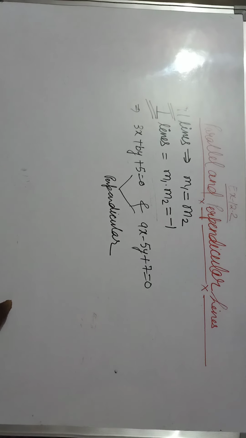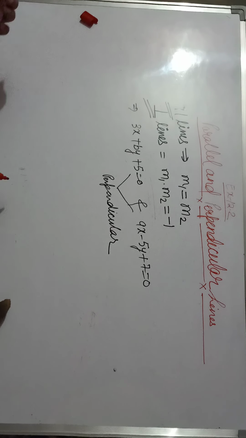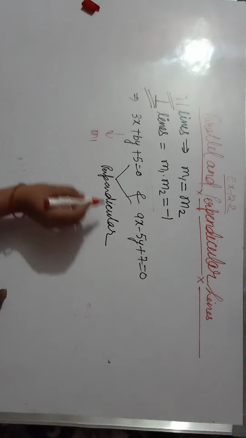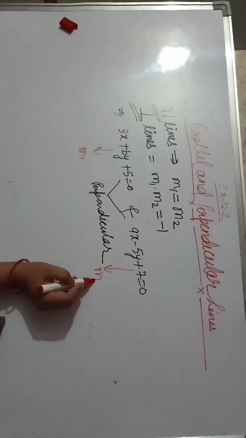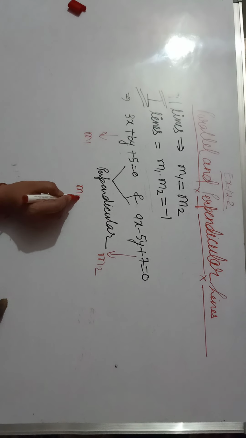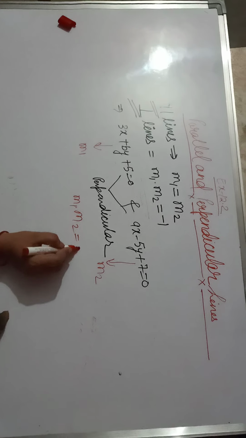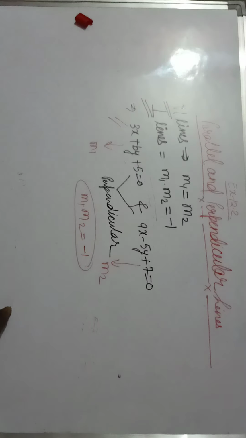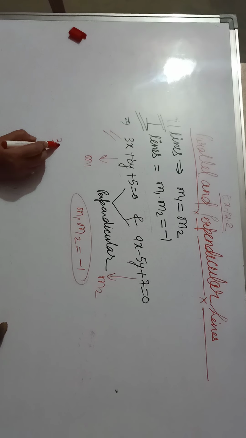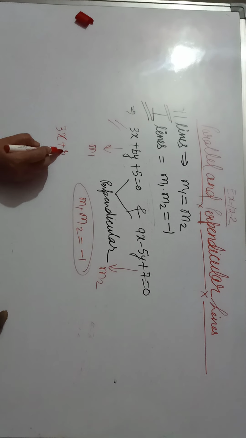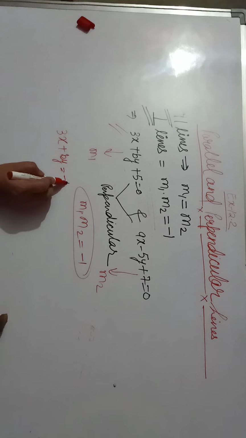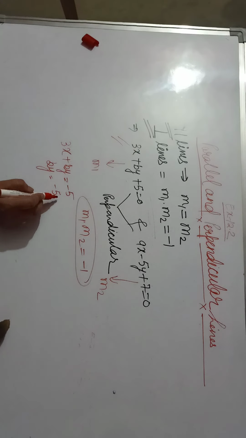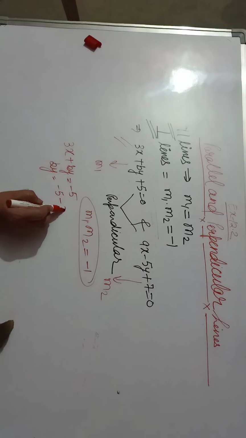If they are perpendicular, it means that the slope of the first, m1, and the slope of the second, m2, satisfy m1 into m2 is equal to -1. First get the slope from the first equation. 3x plus by is equal to -5, so by is equal to -5 minus 3x.